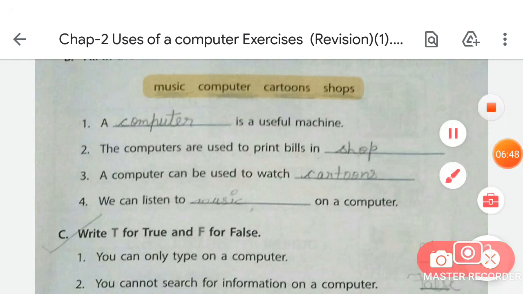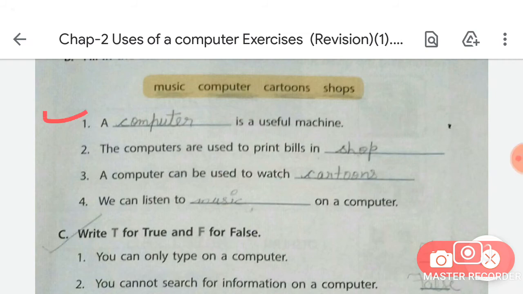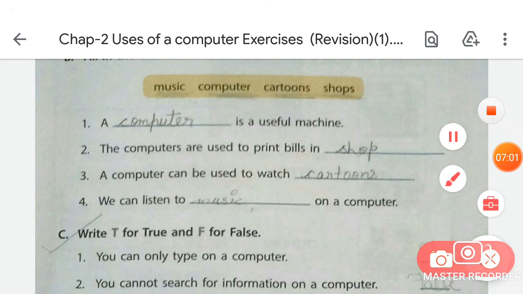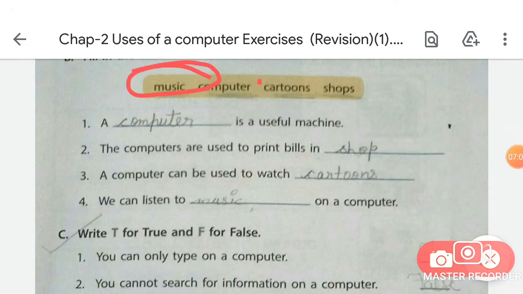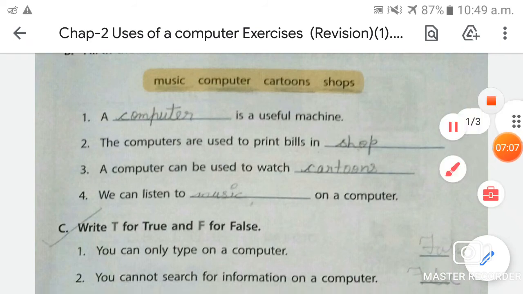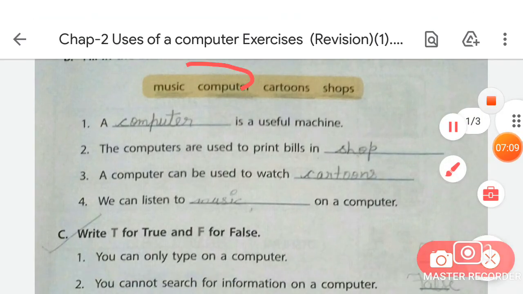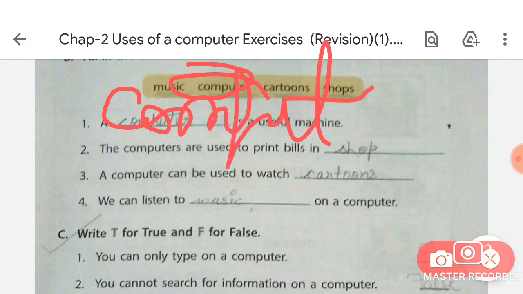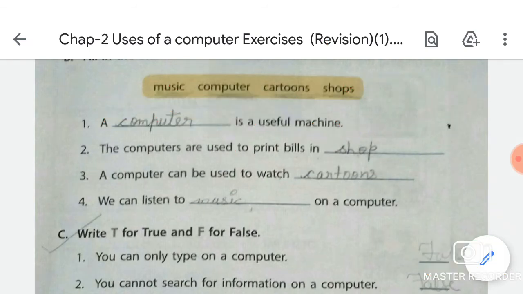Now let's start with the first sentence. A dash is a useful machine. What is a useful machine, students? Is music a useful machine or cartoon? These are not machines. The machine is a computer. So you have to write computer over here. Is that clear?